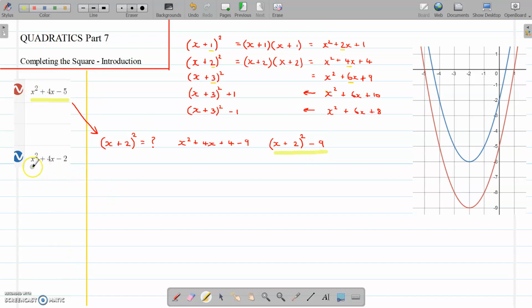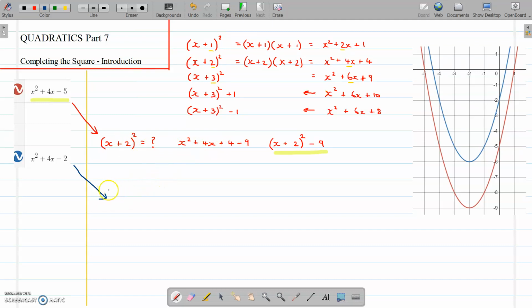Okay, so let's take this one now, and I'll do this in blue to correspond to the color of the graph as well, and I want to show you some really important stuff about the graph in a moment. We know already that x plus 2 squared will give me x squared plus 4x plus 4.